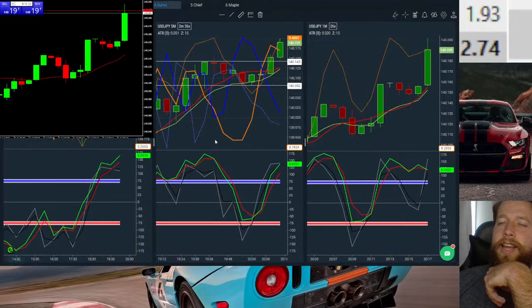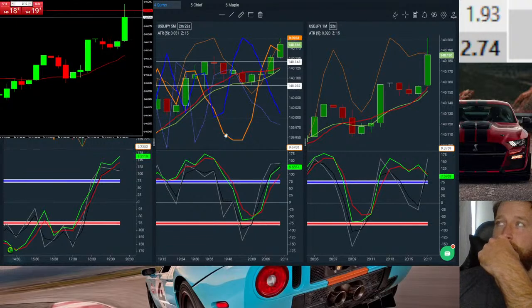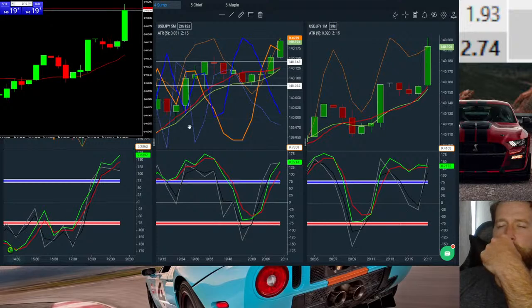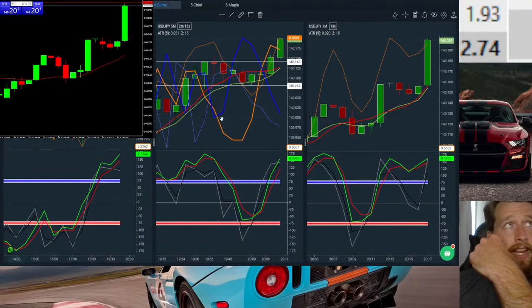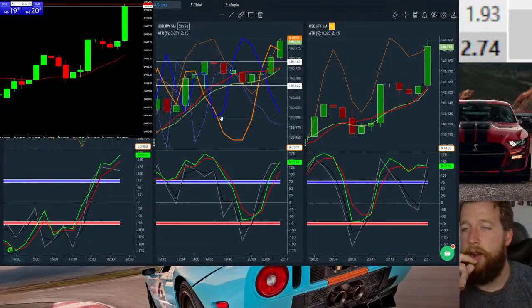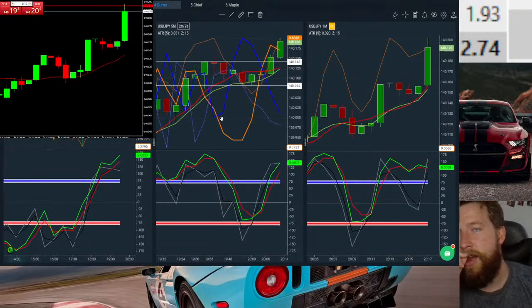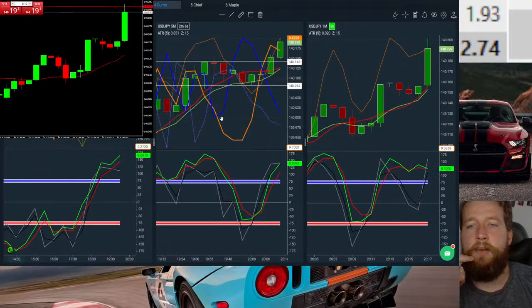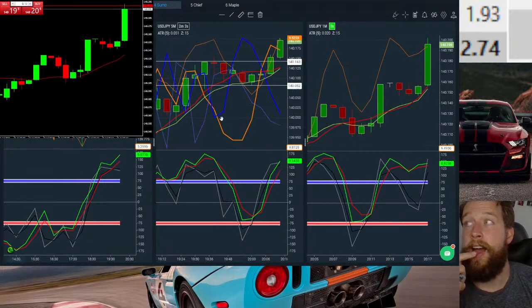$2.74. Now, like I said earlier in the stream, we're being extremely safe with this account. This is live money. This is money that I've been funded from a day trading university, and I only get a percentage of the earnings over the high water mark.